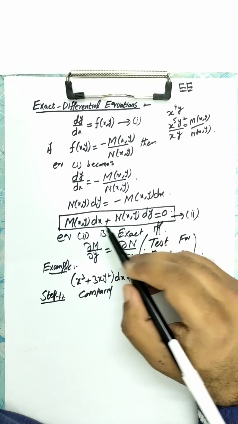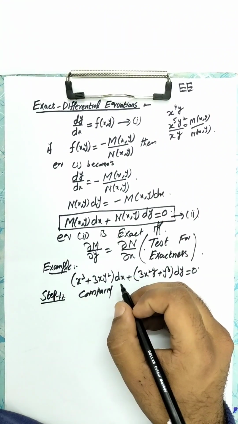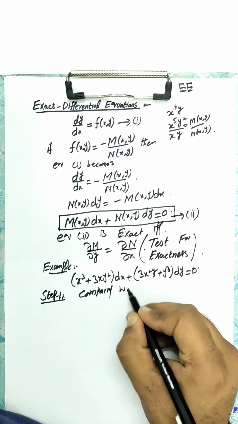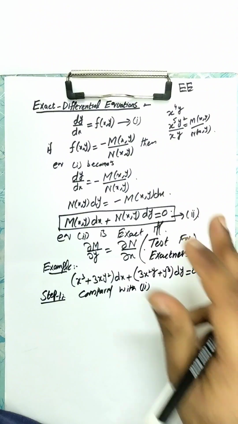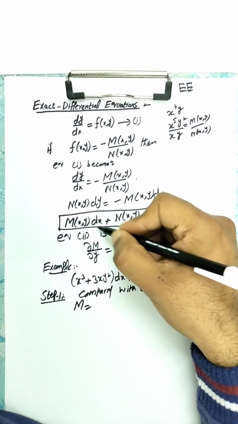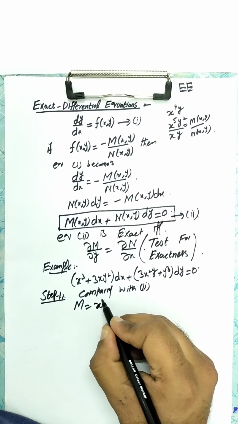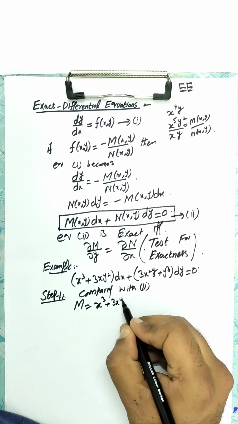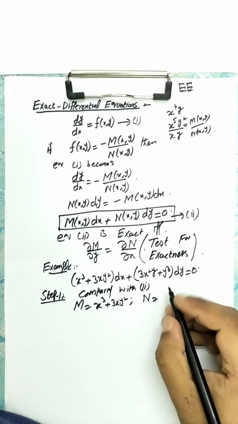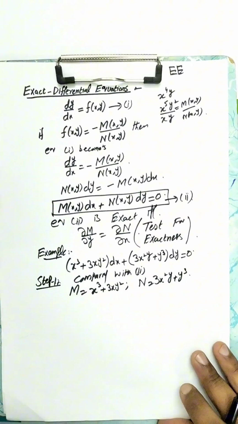This is the differential form of a first order first degree differential equation, because we compare with equation 2, then we get M. The coefficient of dx is M, so M is x cube plus 3xy square, and the coefficient of dy is N, so N is 3x square y plus y cube.